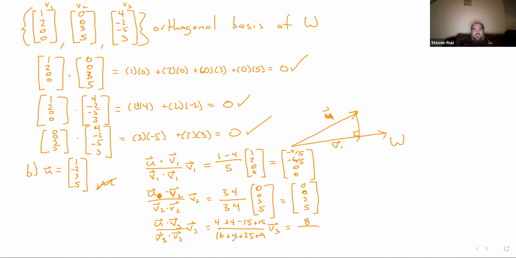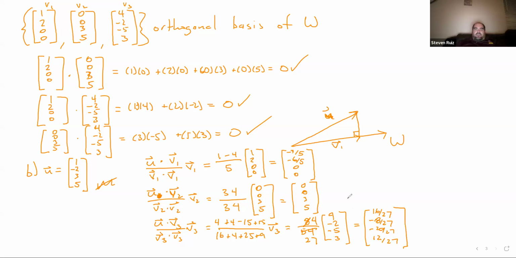So this is 8 over what? 54. 8 over 54 times 4, negative 2, negative 5, 3. So 4 times 4 is 16 over 27. Negative 8 over 27, negative 20 over 27, and 12 over 27.